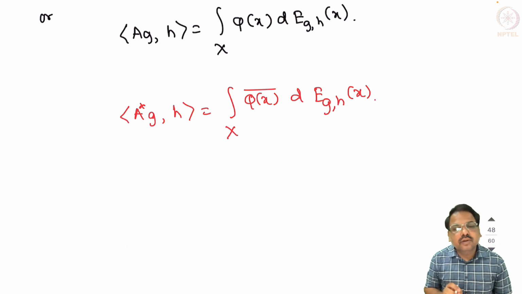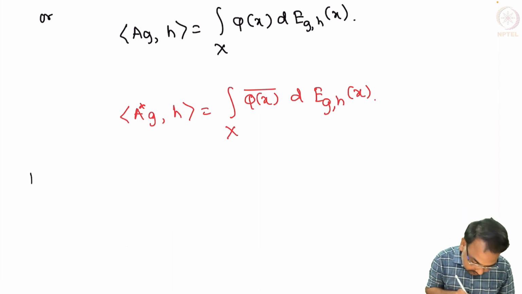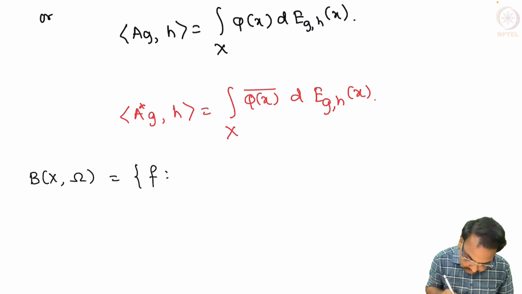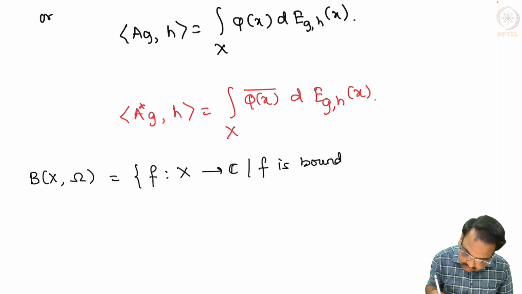Now let us look at the set of all bounded measurable functions. Let us denote B(X, Ω) to be the set of all f from X to C, f is bounded and Ω measurable.